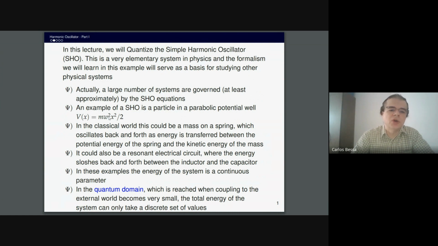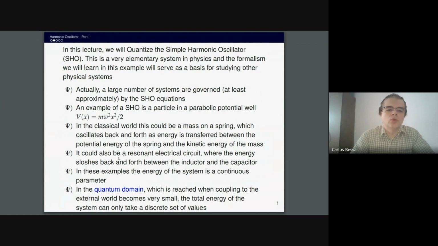This type of potential we'll use in the example today to quantize the harmonic oscillator. In the classical world, it could be a mass on a spring which oscillates back and forth as the energy is transferred between the potential energy of the spring and the kinetic energy of the mass.